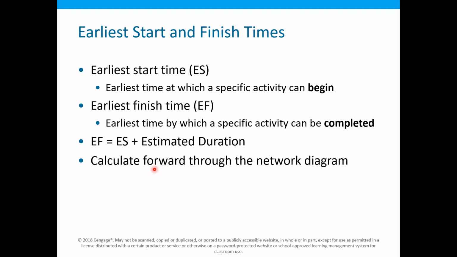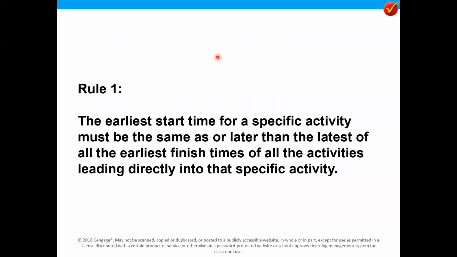There is a specific terminology called the forward pass calculation. Forward pass means we move forward from the start of the project to the end of the project to calculate the earliest start and earliest finish times. For this, there are certain rules to be followed. For the earliest start and earliest finish time, there is rule 1. For the latest start and latest finish time, there is rule 2.